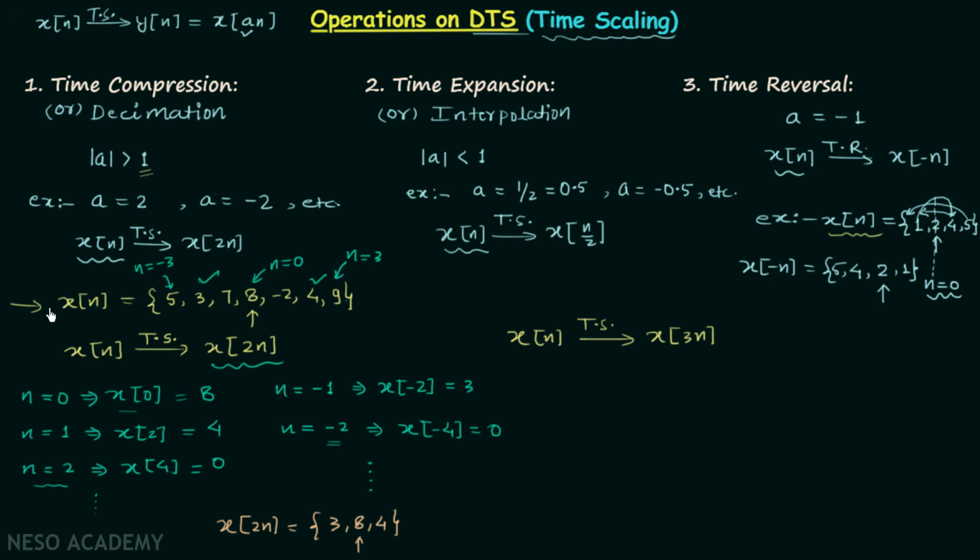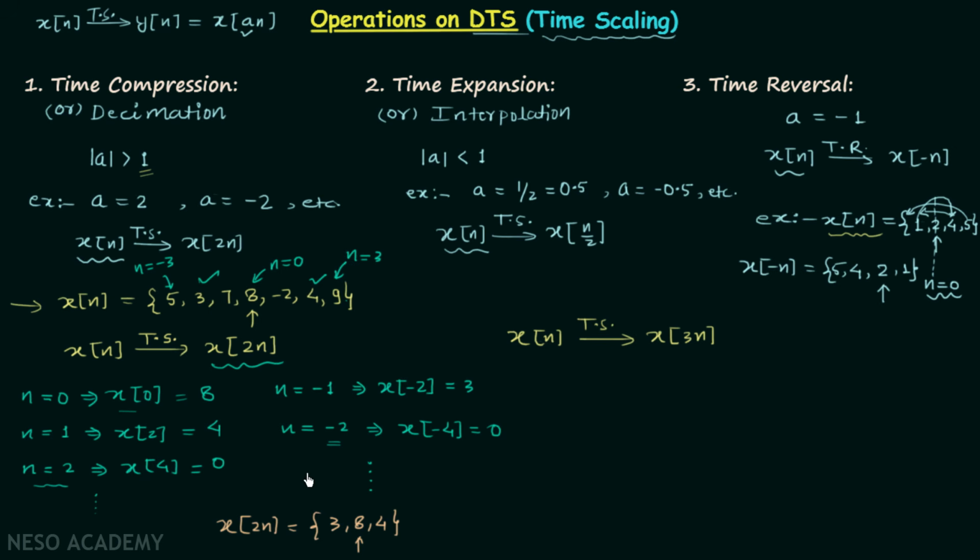Now if you focus on x(n), you will find x(n) is equal to 8 when n is equal to 0. Therefore, 8 is the value of x(n) when n is equal to 0. Similarly, 4 is the value of x(n) when n is equal to 2. 3 is the value of x(n) when n is equal to minus 2.